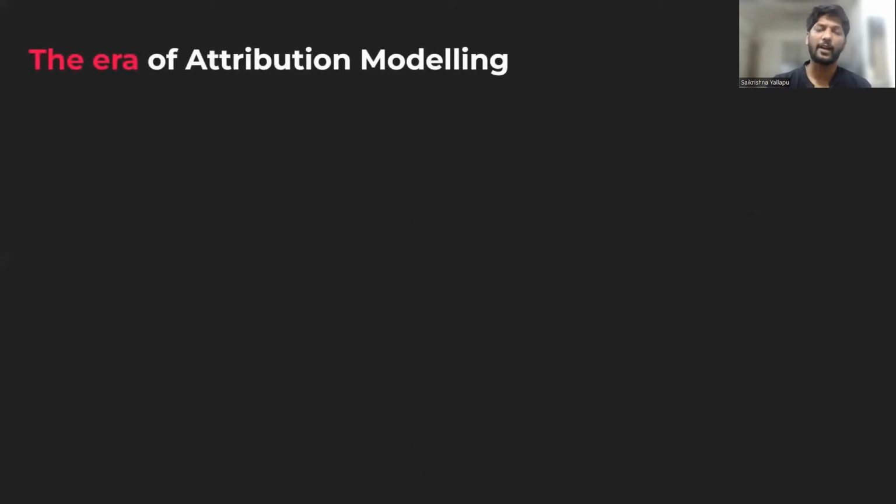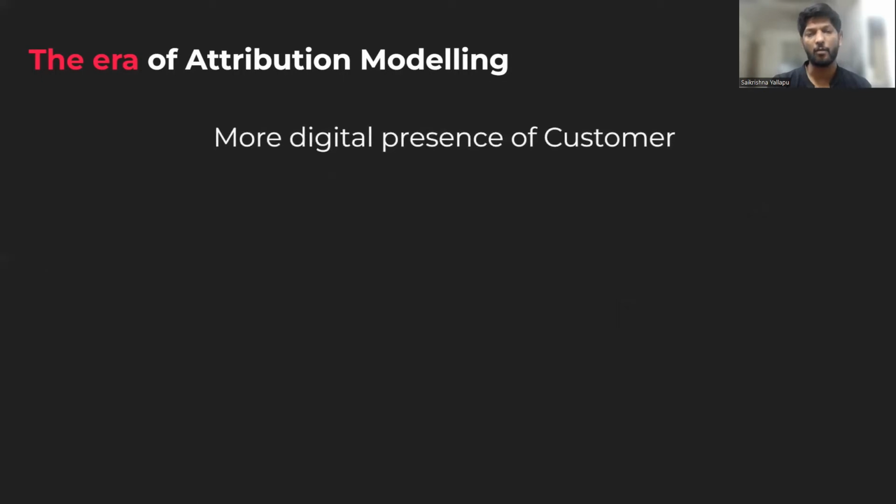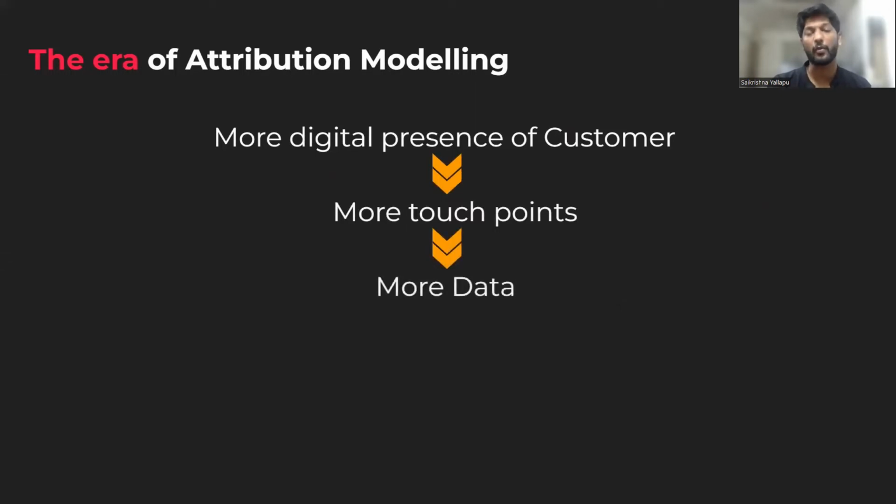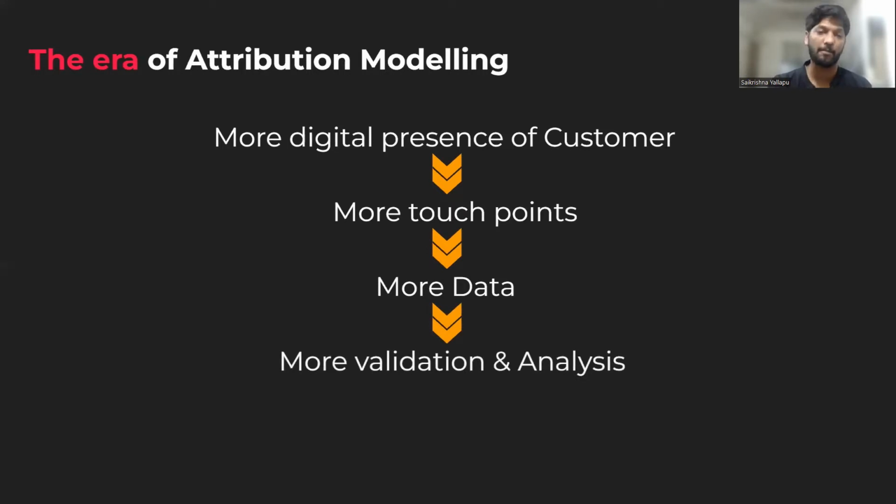And why is attribution modeling going to be more important than ever? It's like this. The more digital presence of the customer is leading to more touch points of the customer on digital platforms. And more touch points are going to give us more data to analyze. And that data has to be validated and analyzed in a very proper manner.